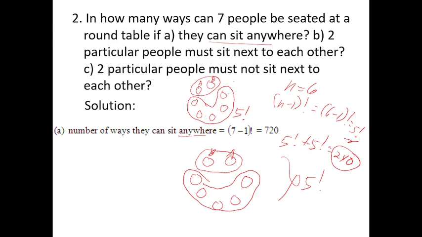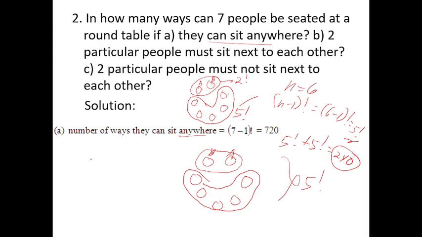Ang shortcut, ganito. 1, 2, 3, 4, 5. 5 factorial times 2 factorial. The two persons can arrange themselves in 2 factorial ways.